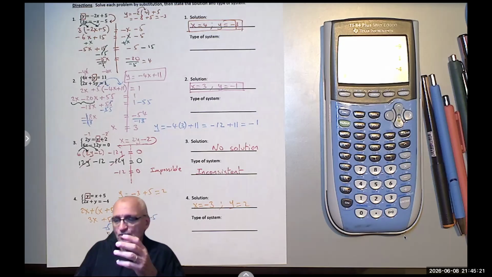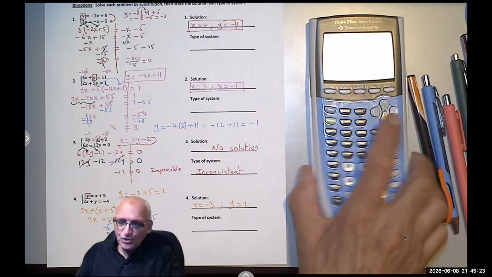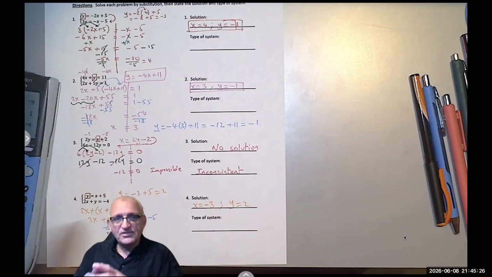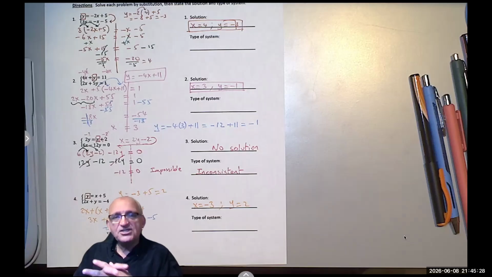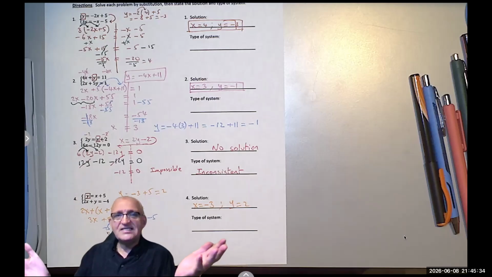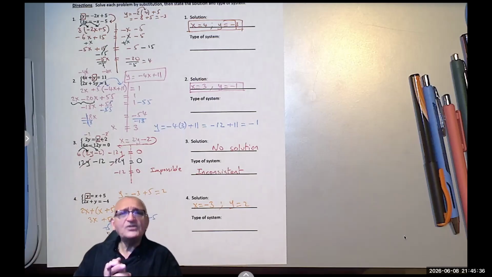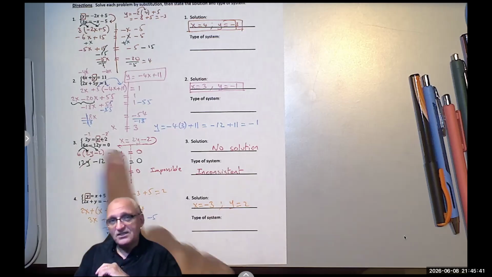Usually in the test or the homework, your teacher will tell you to use substitution to solve this problem or use elimination to solve this problem. But what if they don't tell you? You are allowed to use either one. What do you do? Do you see what we did here?